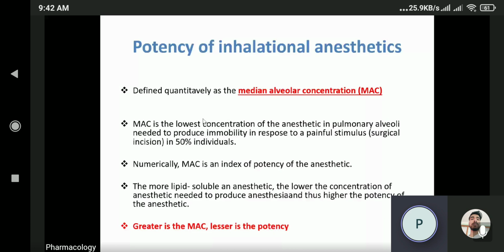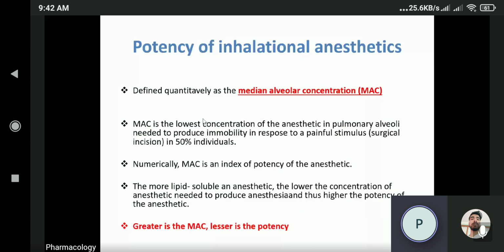So you can relate the MAC value with the potency of the drug. If you remember, potency is nothing but the lowest concentration of a drug needed to produce a certain effect. There was potency and efficacy, so you have to apply the same thing here for the MAC value.